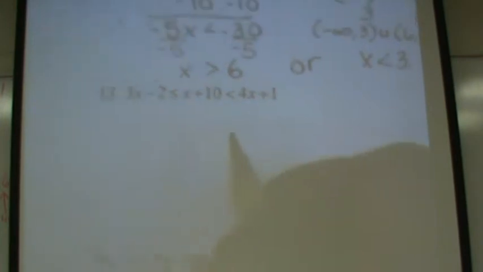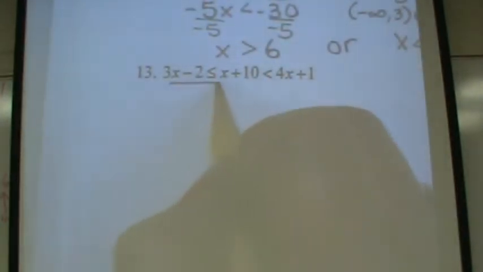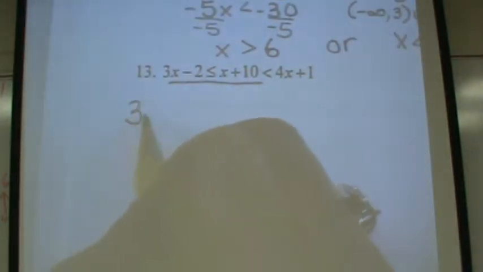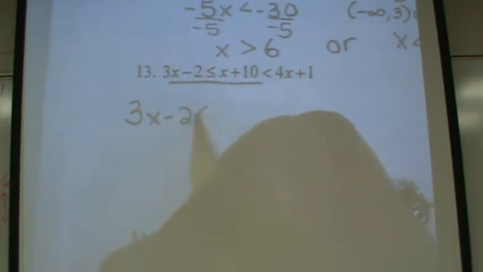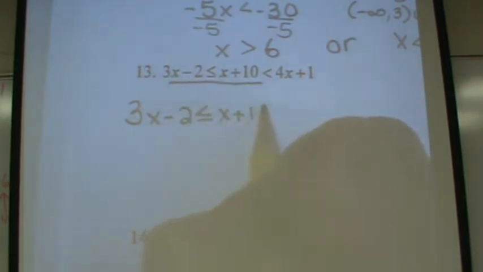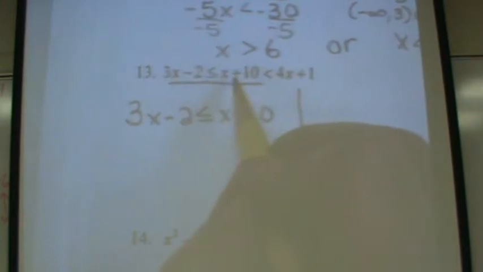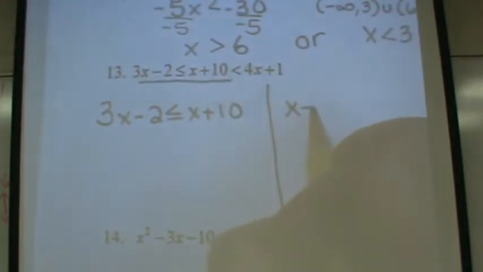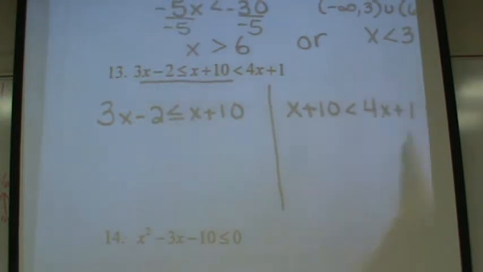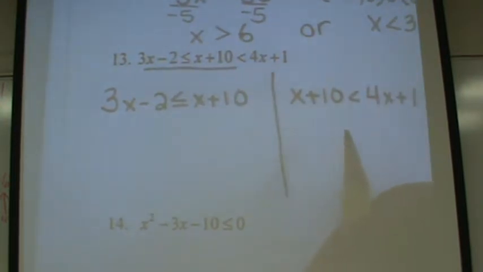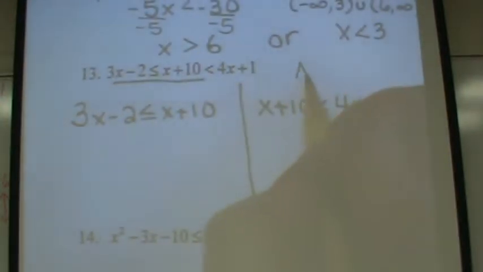Number 13, you're going to break this up into 3x minus 2 is less than or equal to x plus 10. And then you're going to do x plus 10 less than 4x plus 1. This is an and problem.